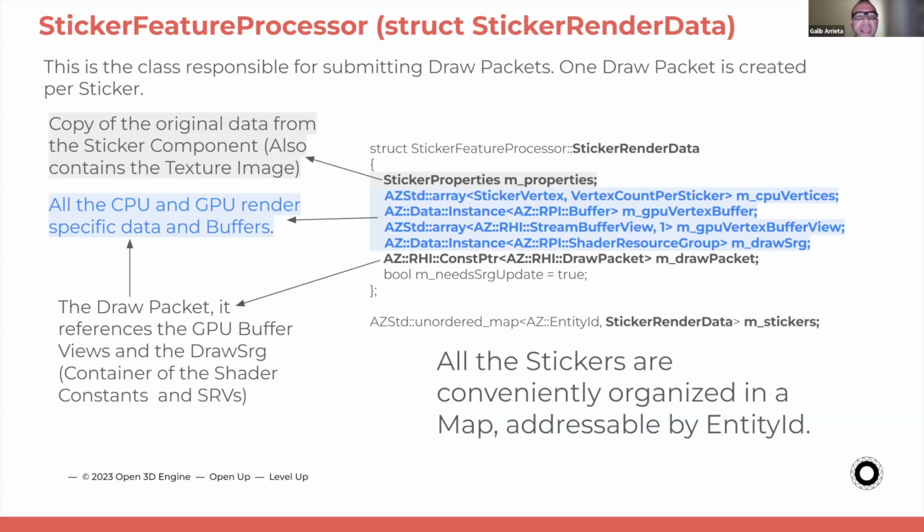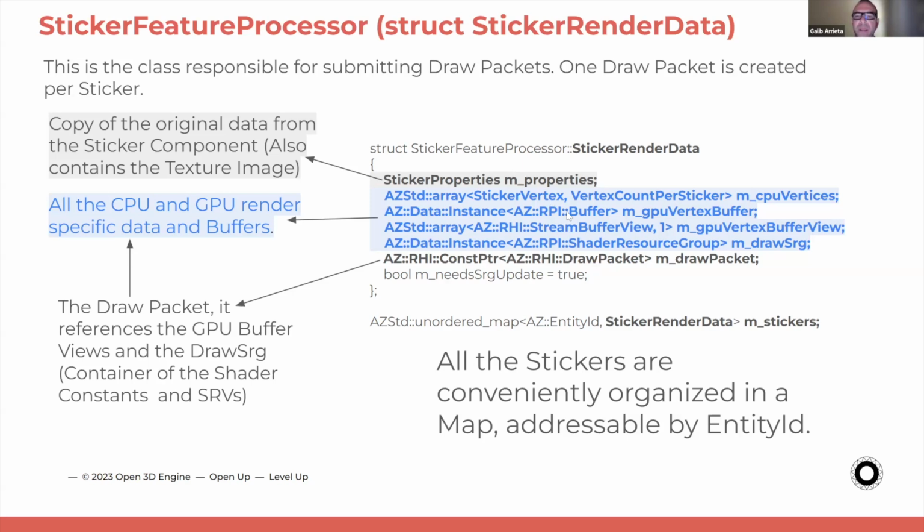So internally, each sticker within the sticker feature processor is recorded as a sticker render data. So we have the sticker properties, and based on the properties, this is where it gets really detailed into how you feed data to the renderer, because you're going to need the vertex buffer view, the data for the draw SRG, and of course the draw packet.